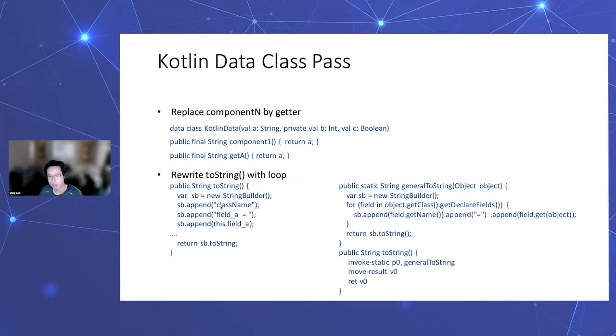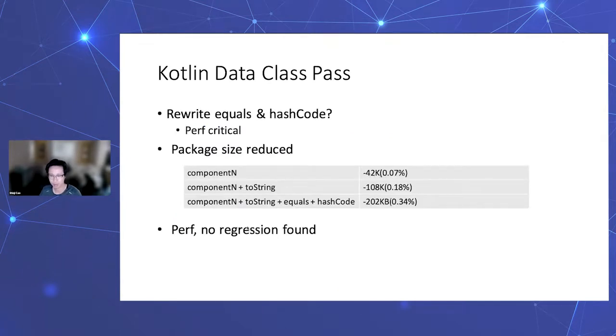For example, you see here, it just prints the class name and each field name equal to the actual value of the field. So in actual runtime for an app, I doubt we use many toString methods.